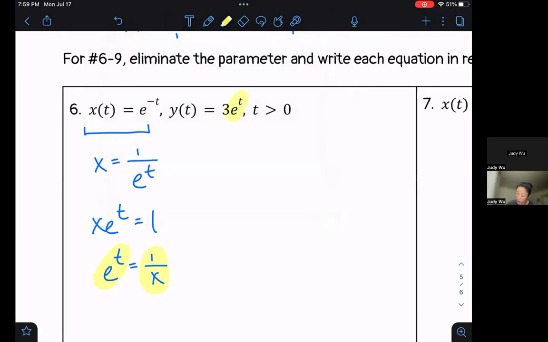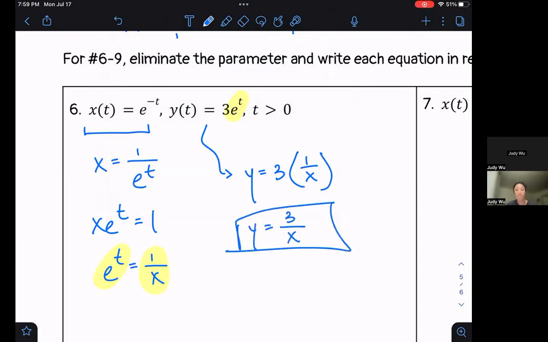So I'm going to grab my y equation. y equals 3 times 1 over x, and we should simplify that to be 3 over x. And there, I have an equation that has no more t's, so we're good. We've eliminated the parameter.